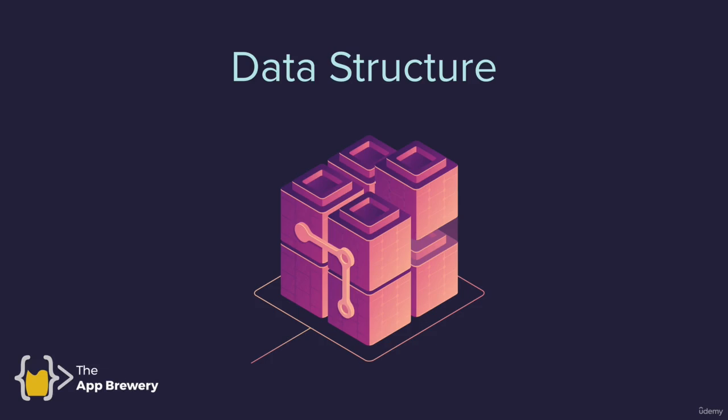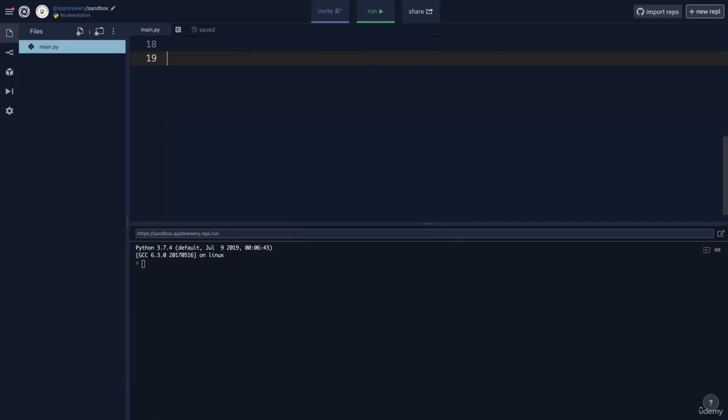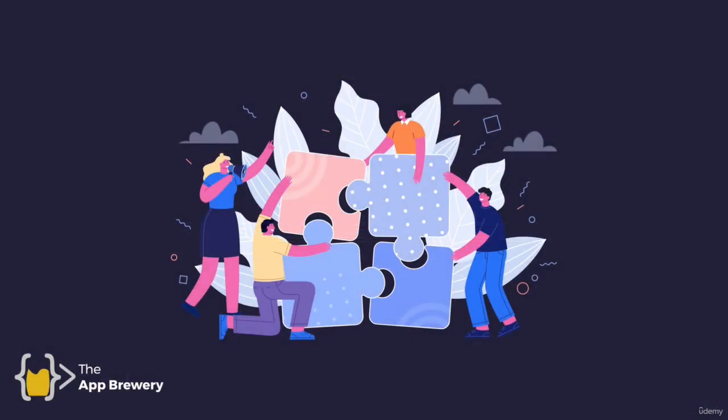Now, we've already seen ways of storing single pieces of data, and that was done through the simple variable, where we just said A is equal to 3 or B is equal to hello, but that's just storing one piece of data, right? Be it a number or a string. But sometimes you might want to store grouped pieces of data, data that has some sort of connection with each other.